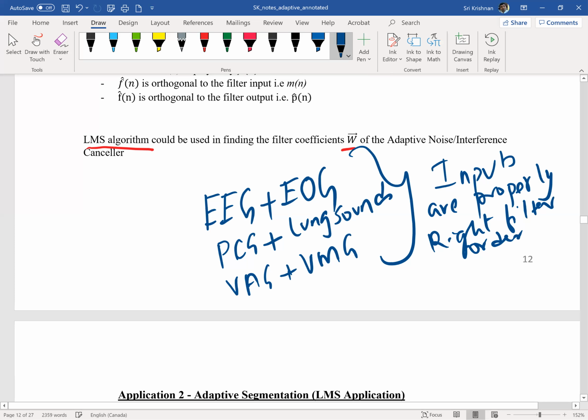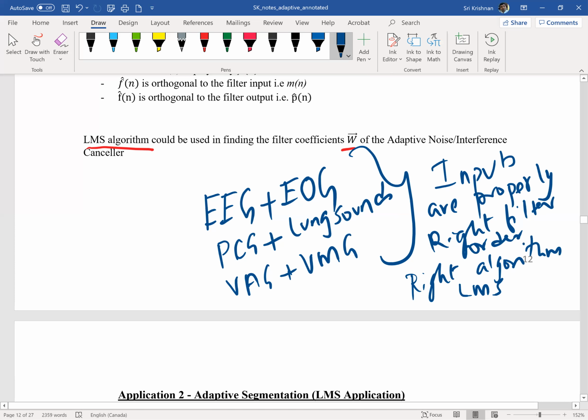Normally, it's good to go with higher order if you feel your signal is not noisy, but a lower order might do an under modeling. So that's what you need to keep in mind. And we will come to the point of determining optimal model order towards the end of this topic. So input should be properly configured, right filter order, and obviously the right algorithm, such as the least mean squares, could be selected to determine the adaptive filter coefficients.